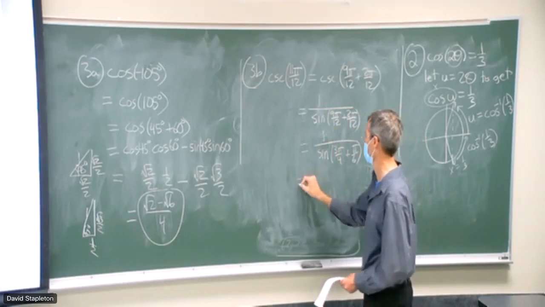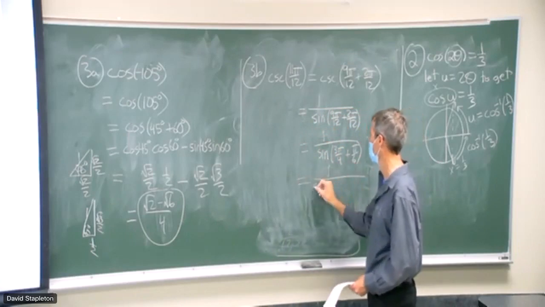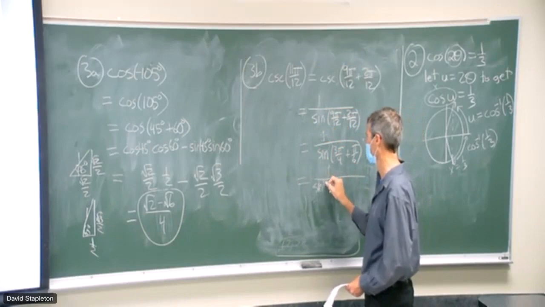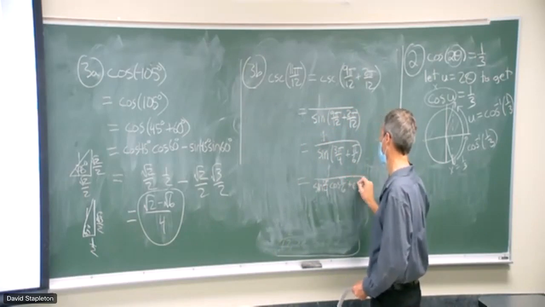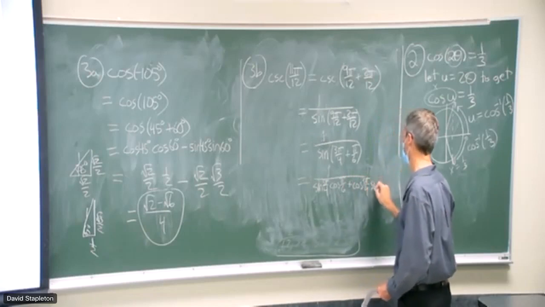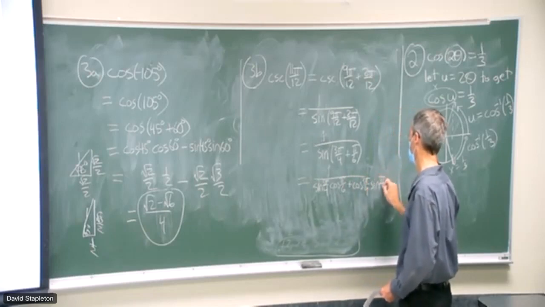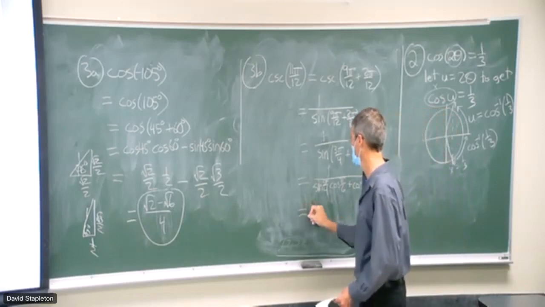Then I use the sum of angles formula for sine, right? Sine cosine plus cosine sine. So sine 3 pi over 4, cosine pi over 6, plus cosine 3 pi over 4, sine pi over 6. And then you put in what these are.